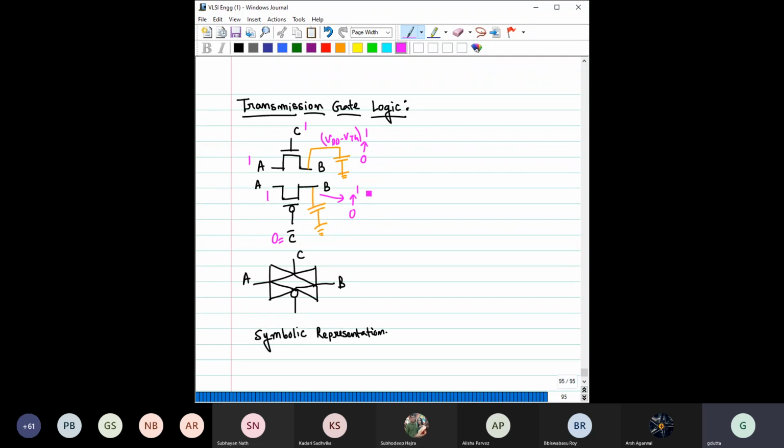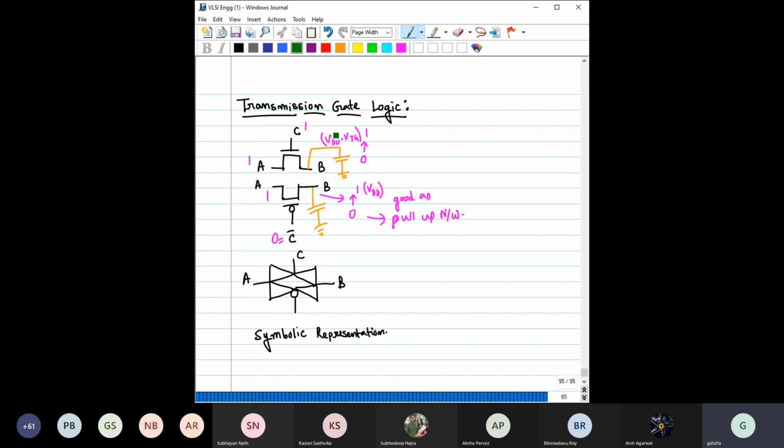That means you can go completely to VDD, right? So basically this PMOS is good as a pull up network. We have already discussed this, right?